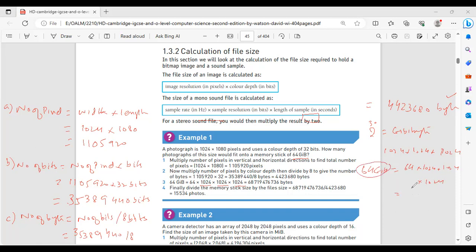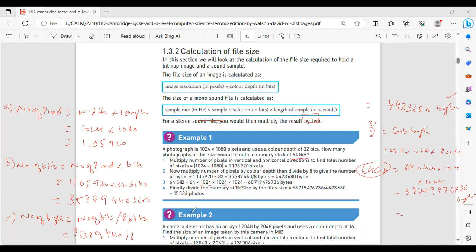The result given in the example is 68719476736 bytes.